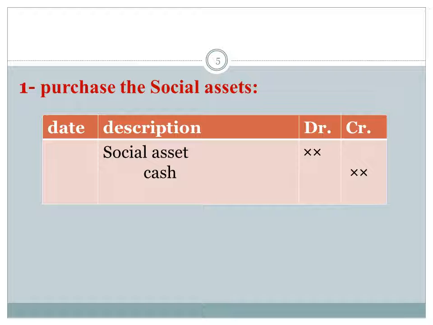The credit side will be cash, because the company paid cash, so cash, which is an asset, is decreased, so it will be on the credit side. There are two sides for any entry, debit side and credit side. If assets are increased, it will be on the debit side. If assets are decreased, it will be on the credit side.